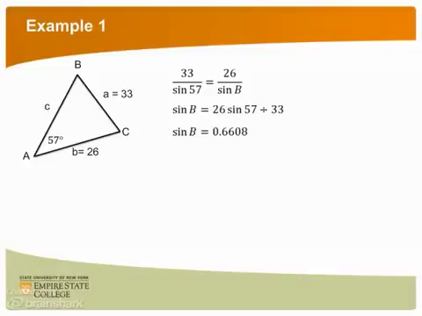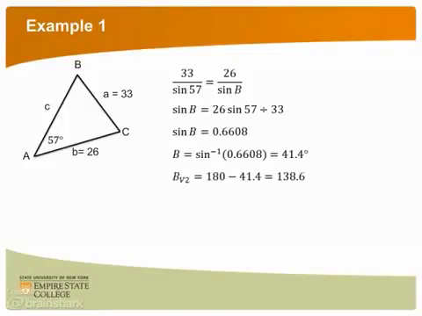We have at least one triangle possible, so we continue on our mathematical journey. To find the actual measure of angle B, we take the inverse sine of the decimal amount. This gives us B equal to 41.4 degrees.